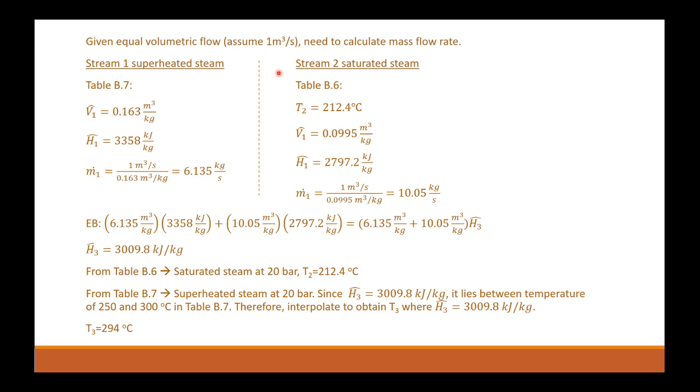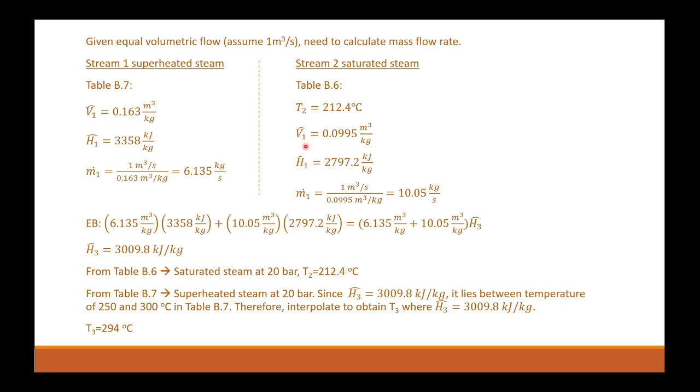For stream 2, we will use table B.6 because this is saturated steam. Okay, so T2 is 212.4 degrees Celsius. Okay, we identify these based on the pressure, and V2 is 0.0995.